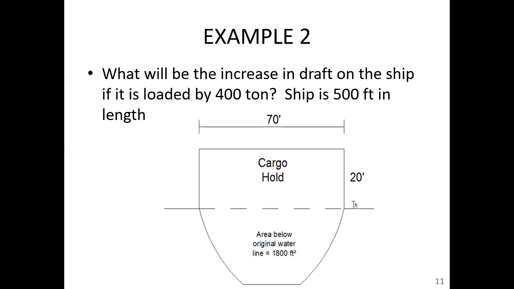And as it's floating now, what you see is there's an area below the water line before you load the 400 tons of 1,800 square feet. I'm giving you that information. And then what we're after is if we add 400 tons, what's going to be the increased draft? How much more is that ship going to sink down into the water? Okay, so we're after h.